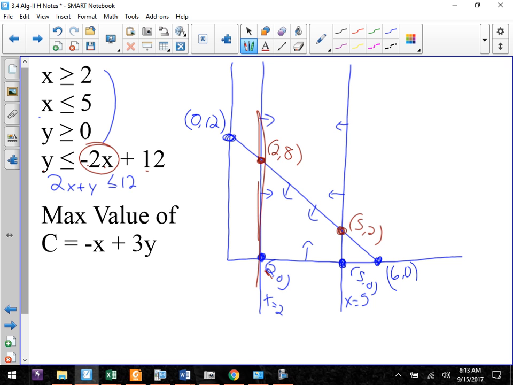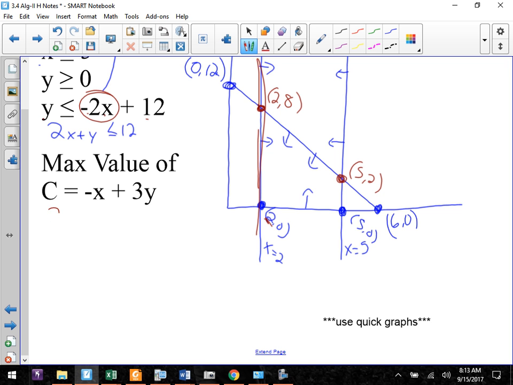All right. So here we just substitute in their four ordered pairs. We have 2, 0, 5, 0, 5, 2, and 2, 8. Does it matter the order in which you list them? No, makes no difference at all. And just basically substitute in.